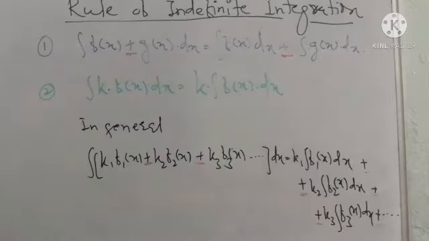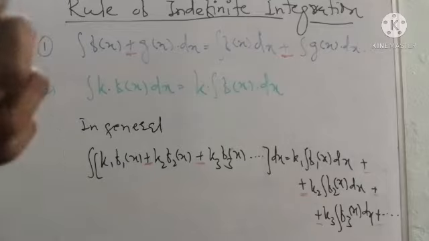As in derivatives we have learned the addition and subtraction rule, similarly in integration we have this first rule, which states that if two functions are in addition or subtraction in integration, then take a separate integration of each function.